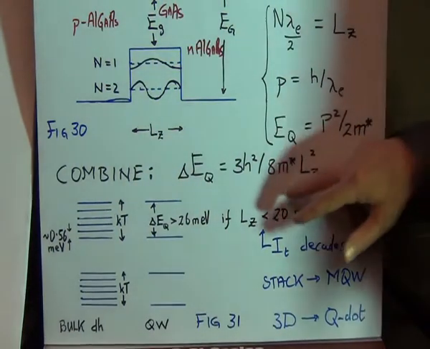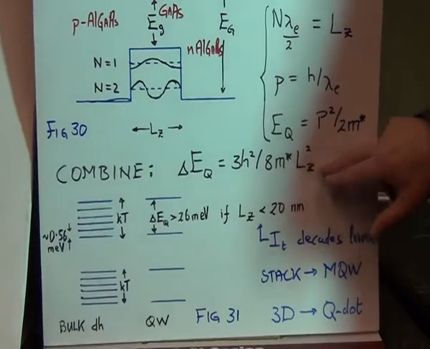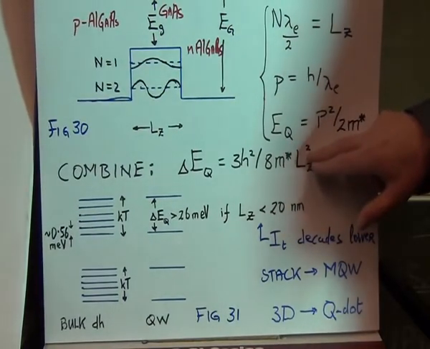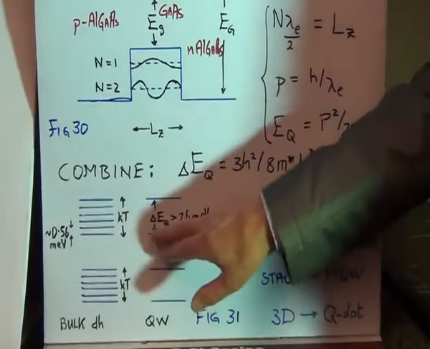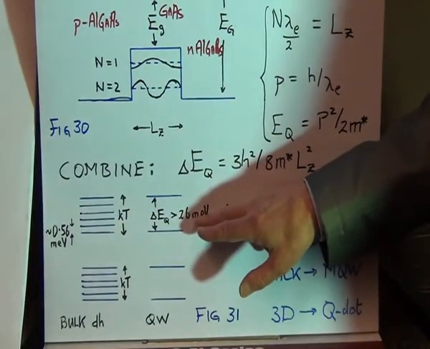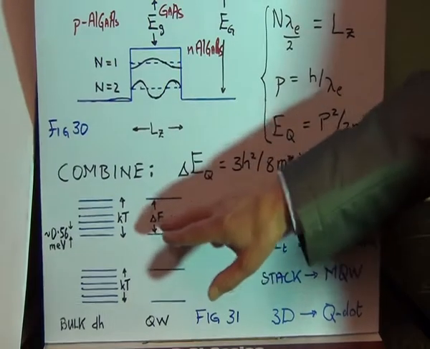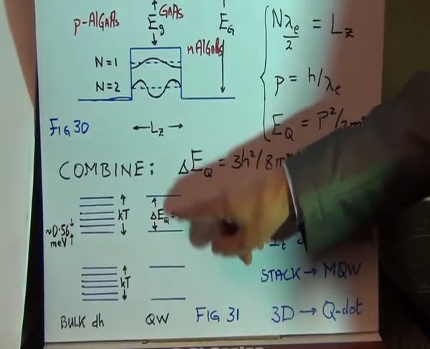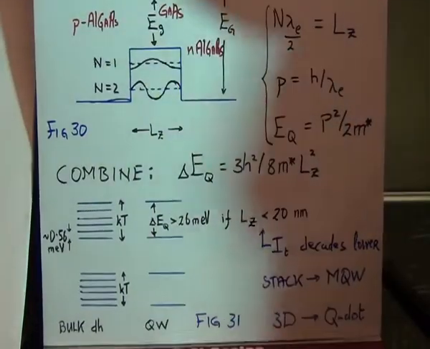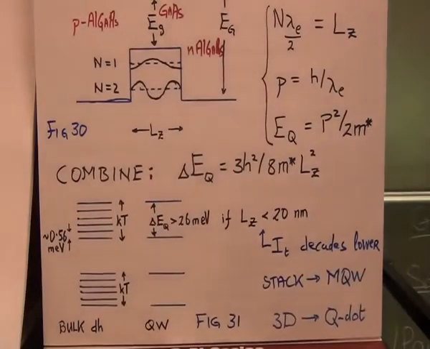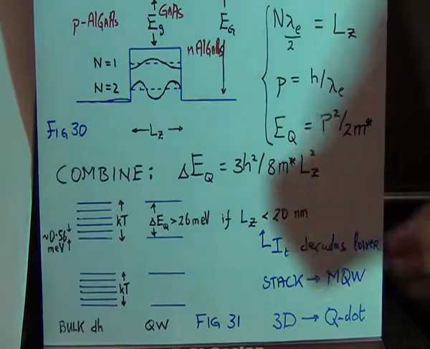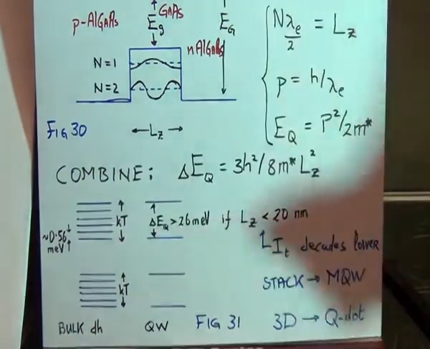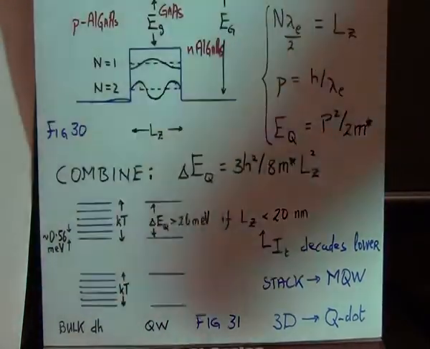But if you put 20 angstroms, 20 nanometers in here, the energy gap of the quantized levels is bigger than the thermal distribution, kT. And if it's close to or bigger than kT, there's only 1 or 2 energy levels occupied by the electrons in the upper or lower band. And if that's all there are, that means you can excite inversion much more easily, and the threshold current shoots down.